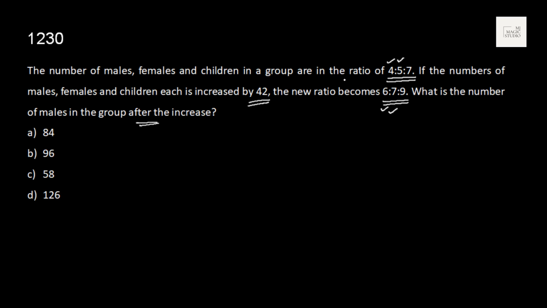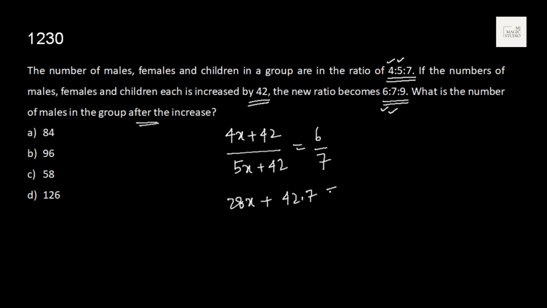So if I take the first two, (4x plus 42) by (5x plus 42) should be equal to 6 by 7. 7 into (4x plus 42) equals 6 into (5x plus 42), so 28x plus 42 into 7 equals 30x plus 42 into 6. So 2x equals 42 into (7 minus 6), that would be 42.